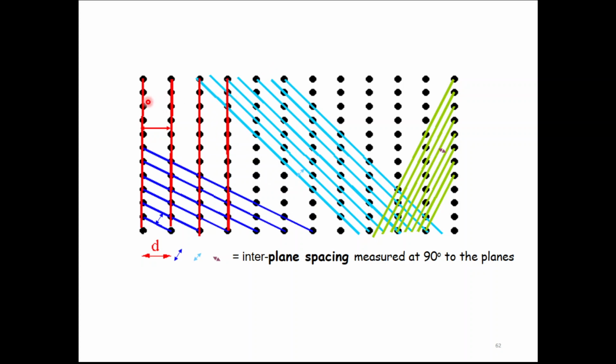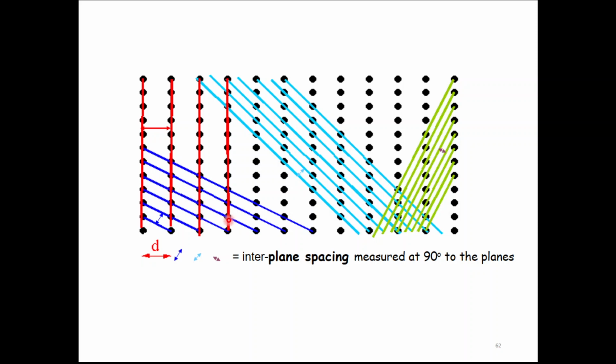Now as I told you, the interplanar spacing, that is the spacing between two adjacent planes, is d. Right, now we can consider another set of planes, the purple.